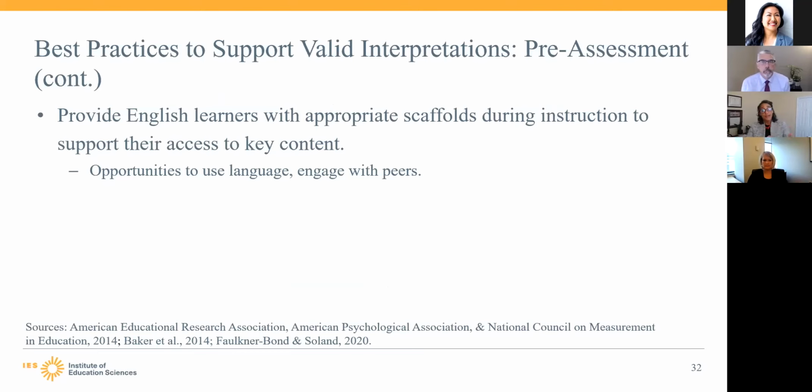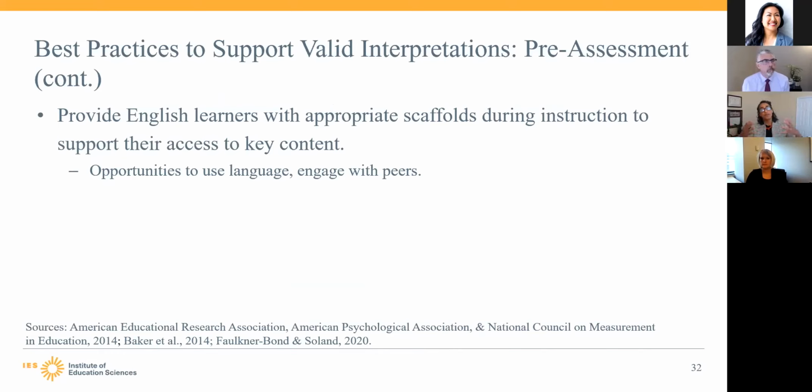Oh, sorry. And then obviously to tie all that together, the important thing is to provide English learners with appropriate scaffolds during instruction to support their access. So really the job of teachers and educators, which is not easy, I acknowledge, is to make sure that you are providing lots of opportunities for engagement, lots of different on-ramps to make sure that students can get in.